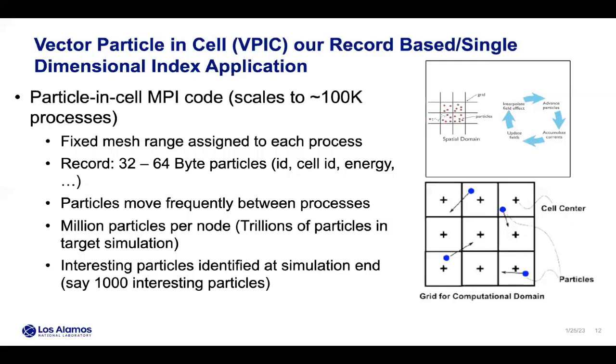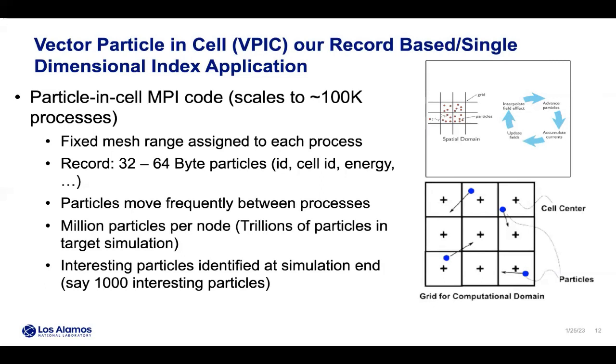The application at LANL that does this is called VPIC, the Vector Particle-in-Cell code. This is an MPI code that can scale up to hundreds of thousands of processes. It's a fixed mesh, so the mesh doesn't change throughout the simulation, but rather the particles move throughout the mesh across time steps.